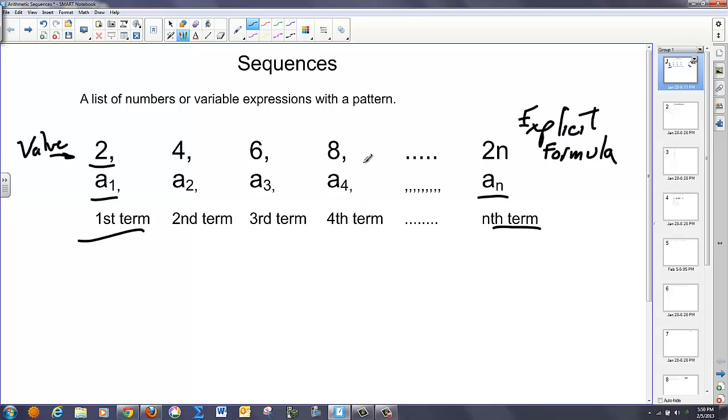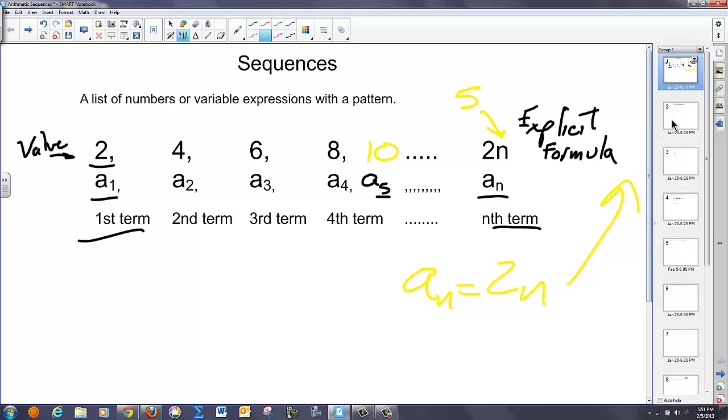So for instance, if I want the fifth term, A sub 5, the subscript number is 5, and if I plug a 5 into n, I get an output of 10, and that would be the fifth term in that sequence. So A sub n in this case, equaling 2n, is that explicit formula that we're talking about.